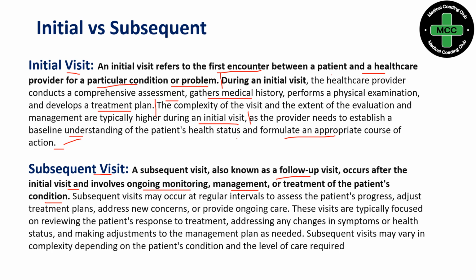In the subsequent visit, generally the physician will come and see the patient, how the patient is responding to the medication, or whether any changes are needed in the treatment plan. So they'll check, and accordingly we have to select the E&M level also. So keeping this in mind, we will see the codes and understand the coding guidelines.